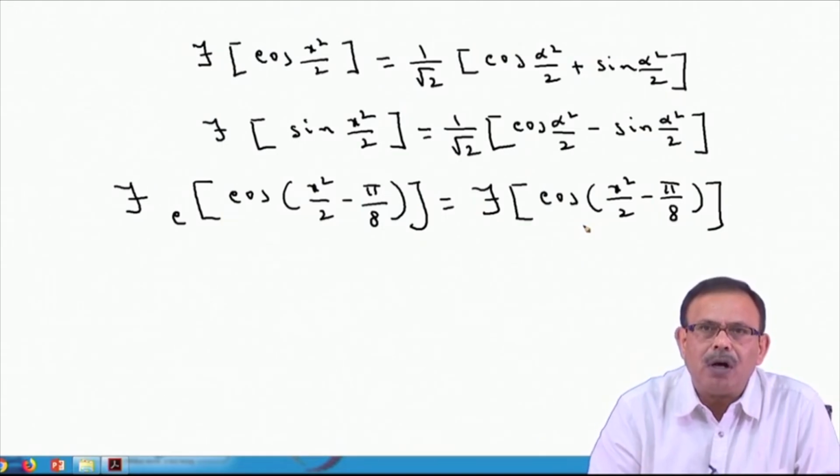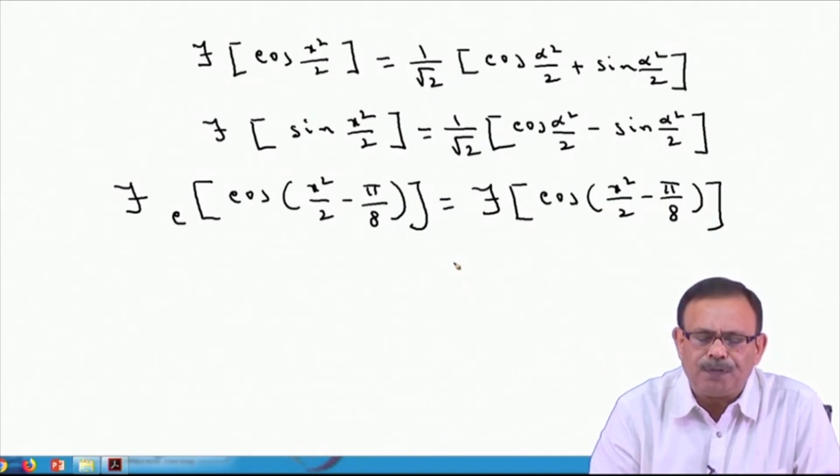Again, if you recall, in one of the lectures we have proved that the Fourier transform and the Fourier cosine transform of any function is same. Since they are the same, you can write down Fourier cosine transform of cos of x square by 2 minus pi by 8 equals Fourier transform of cos of x square by 2 minus pi by 8.